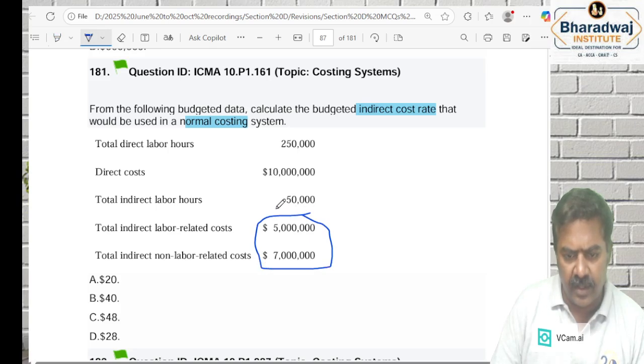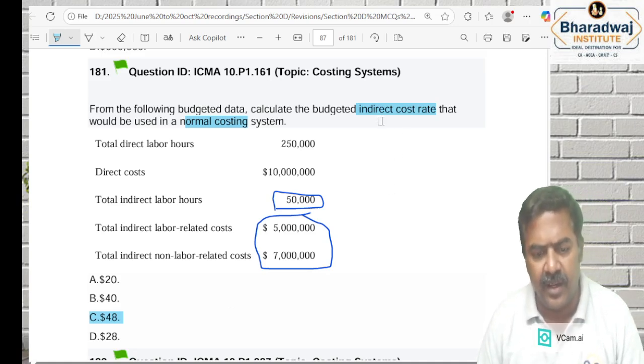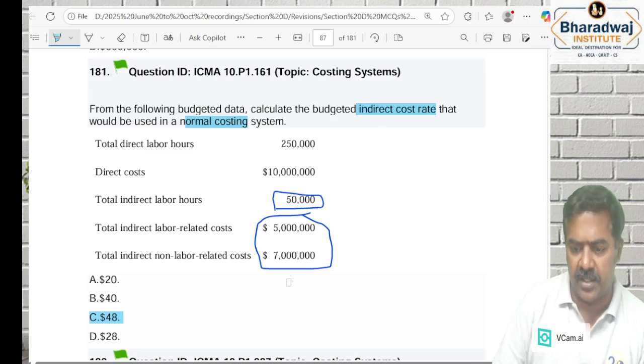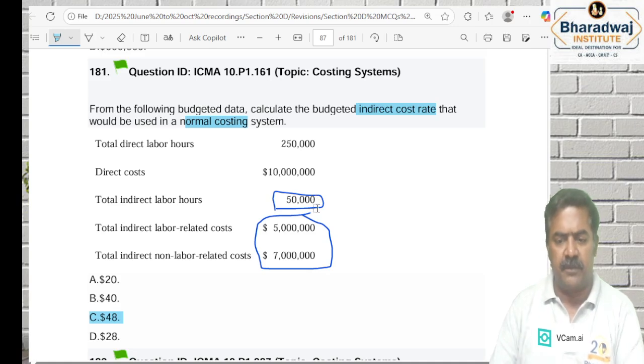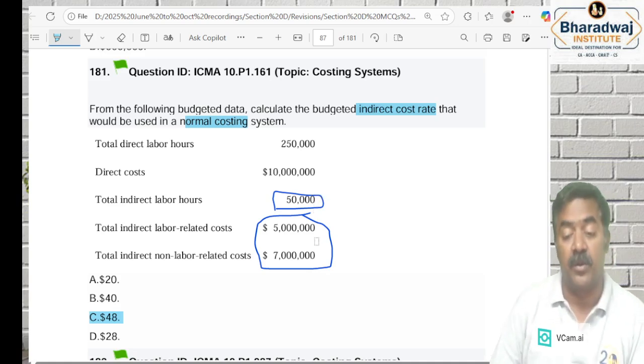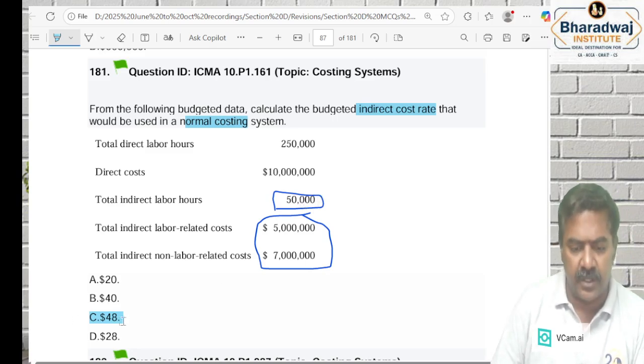They ask you to find out the indirect cost rate. Indirect costs are 12 lakhs divided by 50,000. You get what? 48.